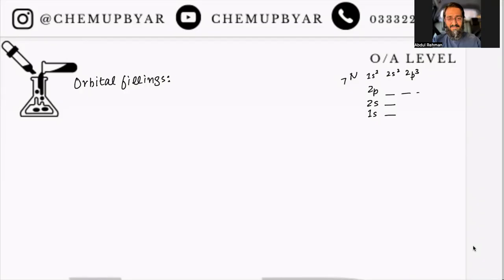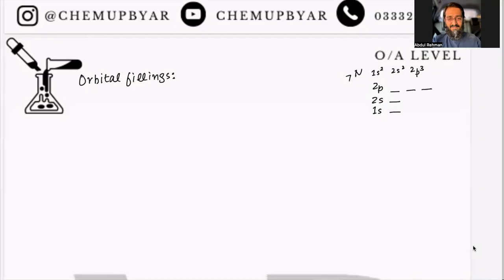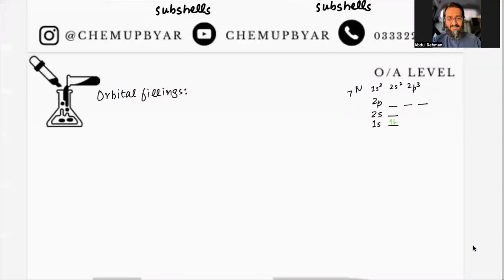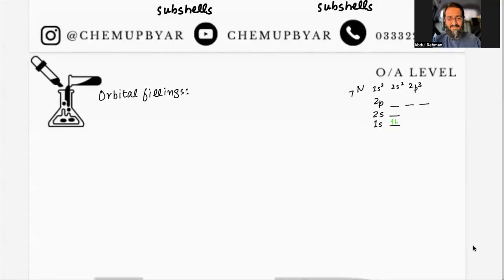So when I fill the electrons in 1s, I put one electron like this, and I put the other electron like this. So this is a pair of electrons, right? What is the charge on electrons? Negative, right? So my question is, if the electrons have a negative charge, then how do they get paired?